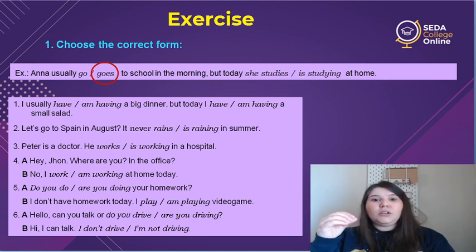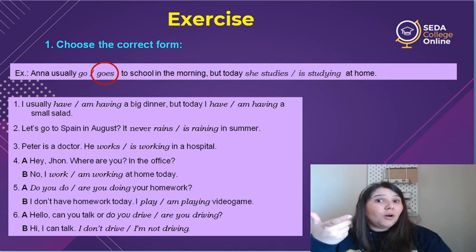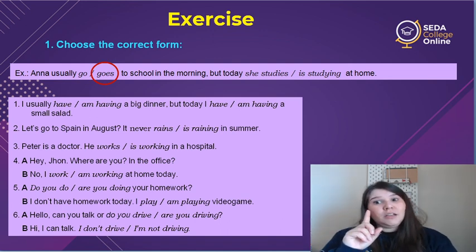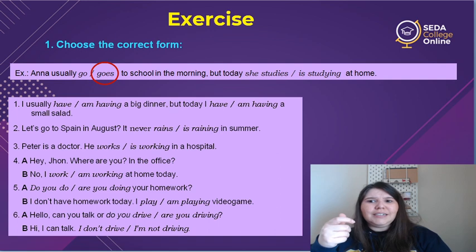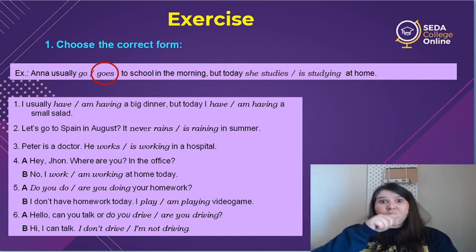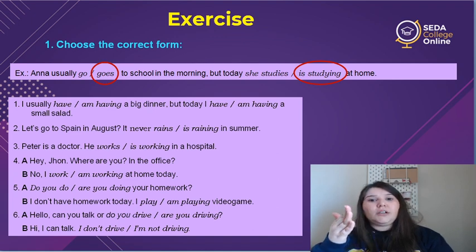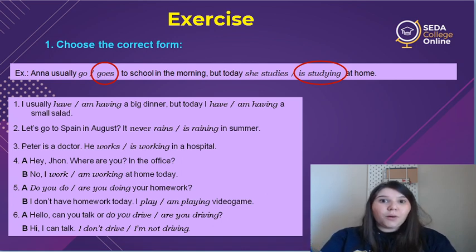Anna usually goes to school in the morning, but today she studies or she's studying at home. So if I'm talking about today, it's something that's happening now. Today she is studying at home. Okay? So the sentence is Anna usually goes to school in the morning, but today she is studying at home.